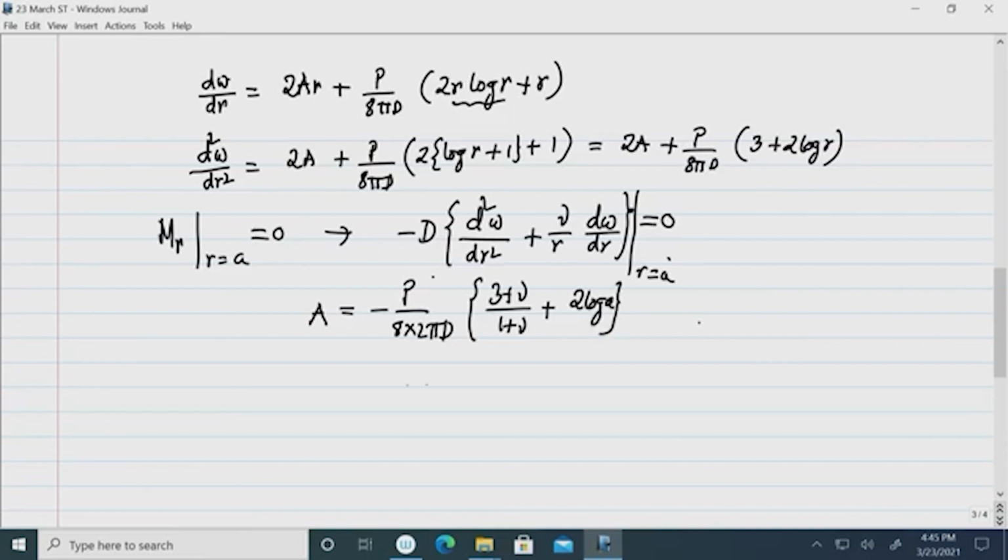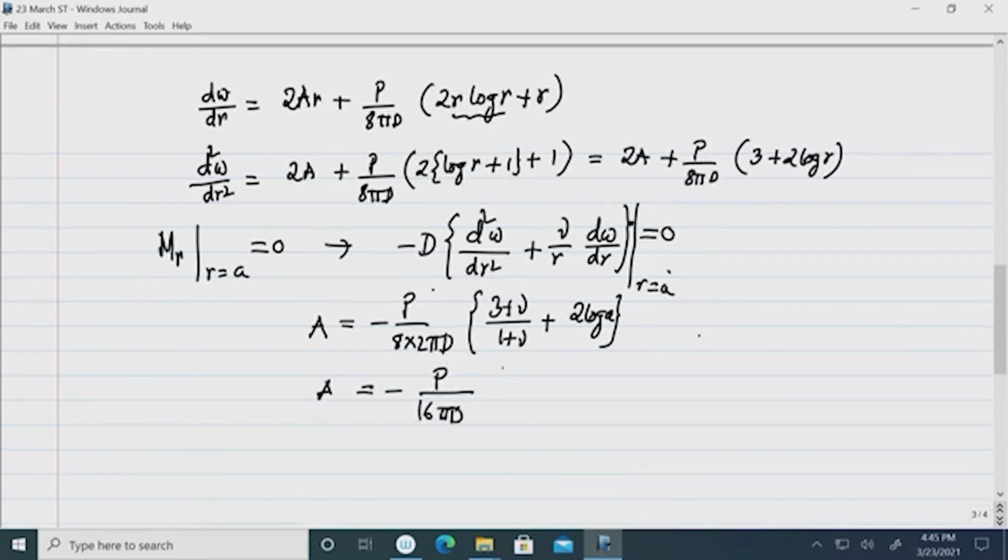So, this expression results after simplification. So, ultimately the value of A is now equal to P by 16 pi D, 3 plus mu, 1 plus mu, plus 2 log a.